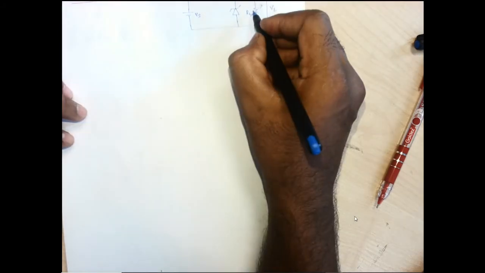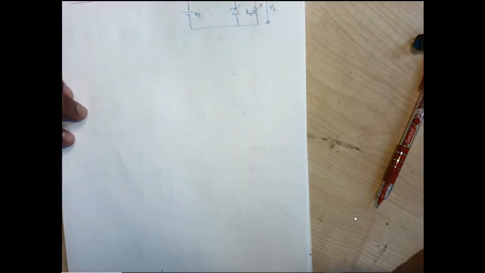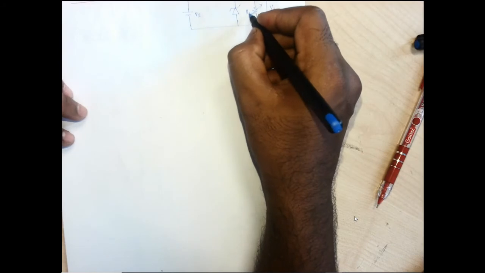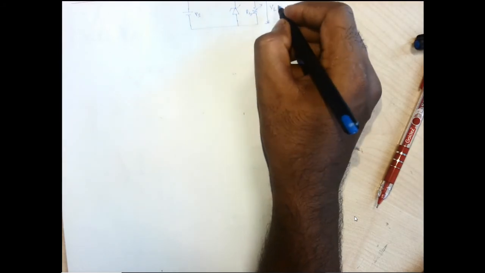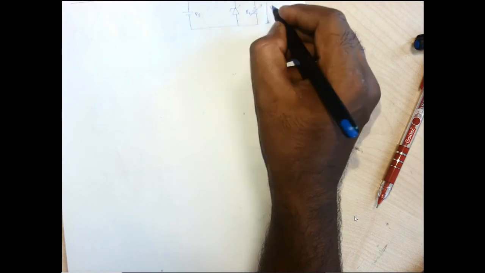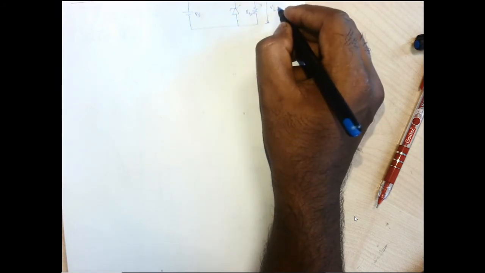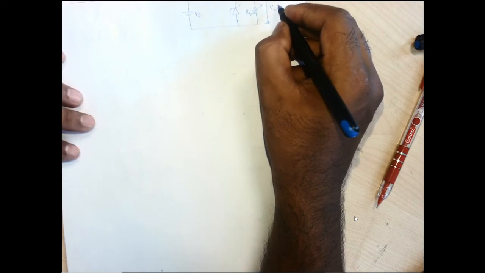Let us consider when this RL was 1K, 1 milliampere of current was flowing, giving 1 volt. That is the output voltage we want always for secure operation of the appliances.